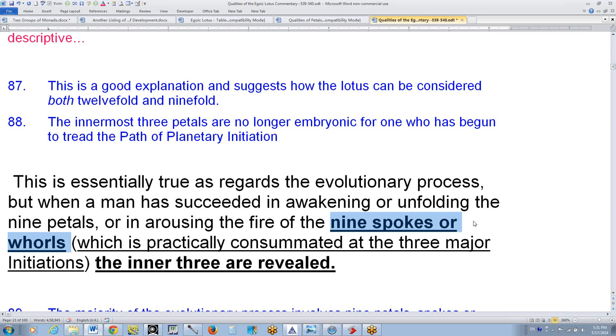I would say that the second tier is not really fully unfolded until the second initiation. Then the inner 3 are revealed.